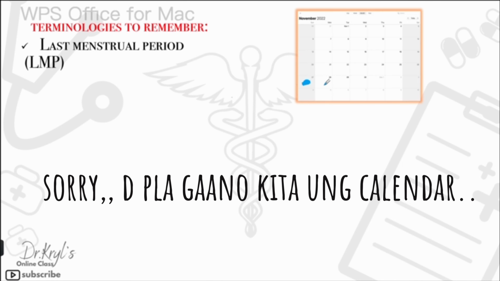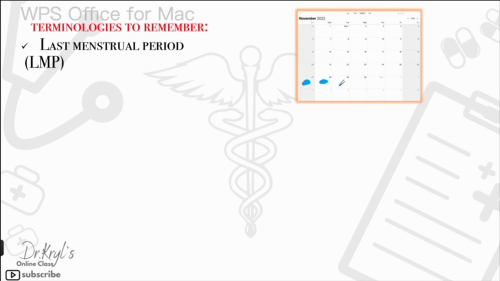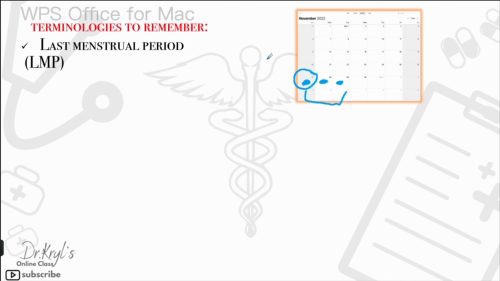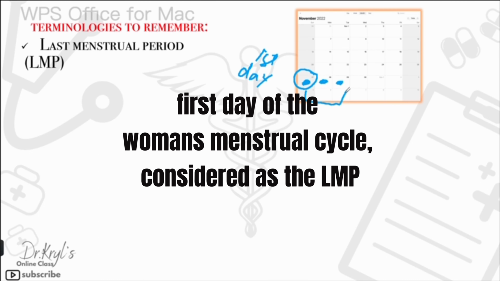How many days does the woman have menstruation? Maybe three days. With this data, we consider November 27 the last menstrual period. It's the first day of the last menstrual period. It's not the 29th.